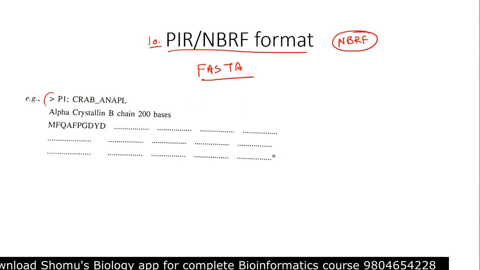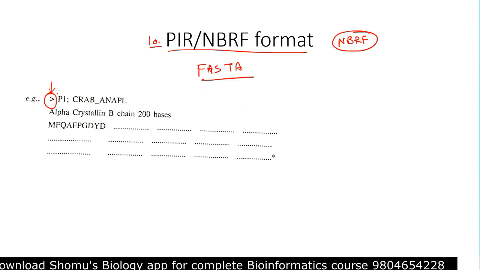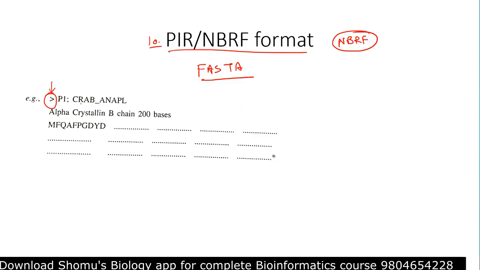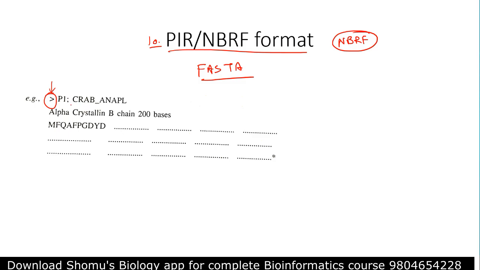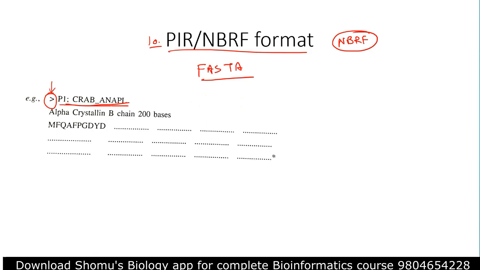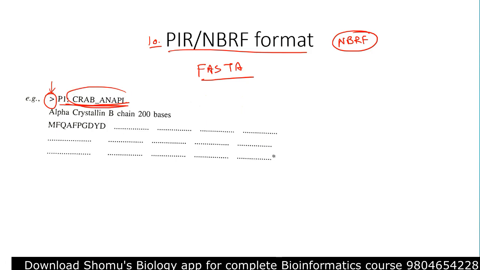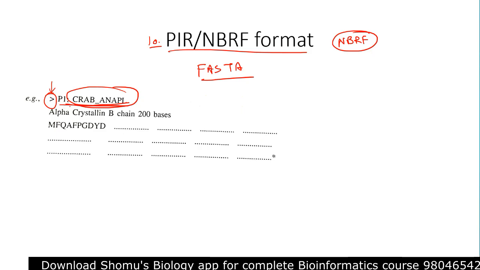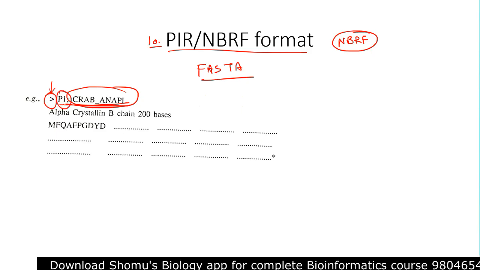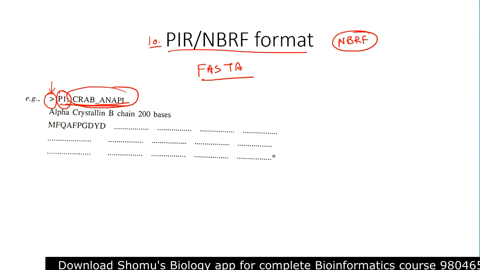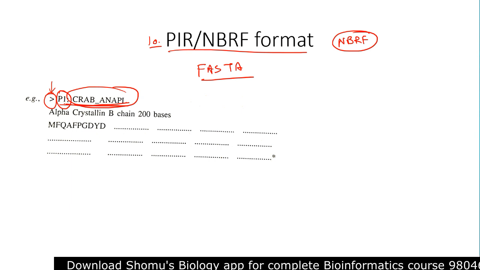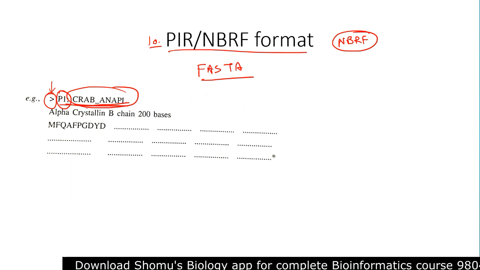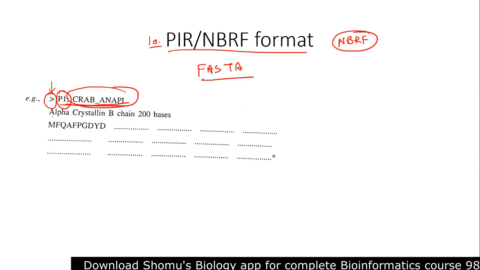It also starts with this sign like Fasta, this symbol, followed by the sequence type code. In this case, this is sequence type code CRAB ANAPL type code. Then so this is type code P1. This is the first type code P1, and then semicolon, and then the next line sequence name and description.